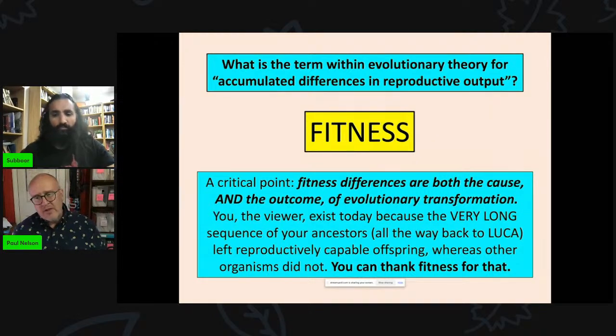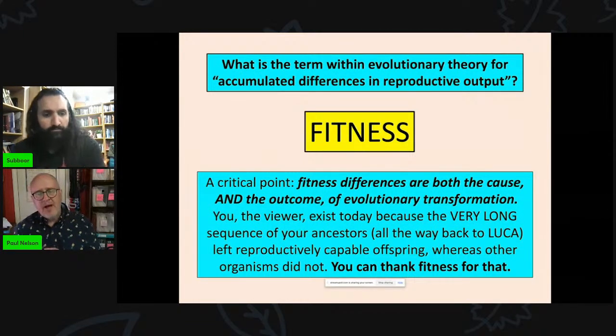Fitness is the one-word designator for accumulated differences in reproductive output. Now, fitness for that reason sits right at the center of evolutionary theory. And fitness differences in populations are both the cause and the outcome of evolutionary transformation in time and space.